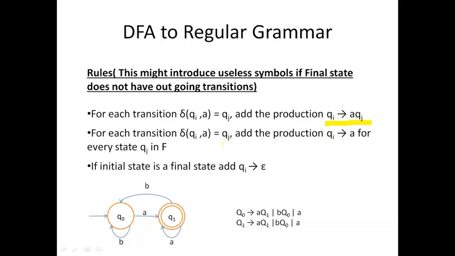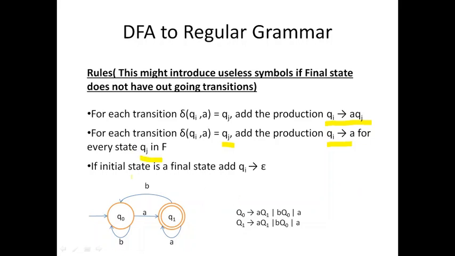And if Qj turns out to be a final state, you also add a production of the form Qi giving a. That is, you are reaching a final state, and now that string is an accepted string, so you need not have any non-terminals left, so as to get rid of the only non-terminal that appears in each and every sentential form. You will also add productions of the form Qi giving a whenever Qj is a final state.